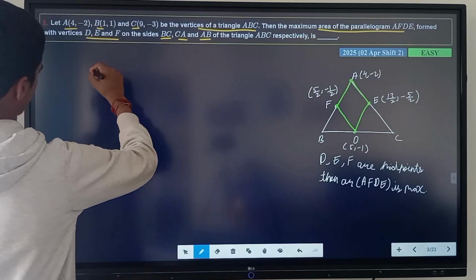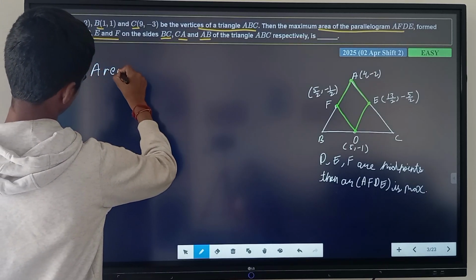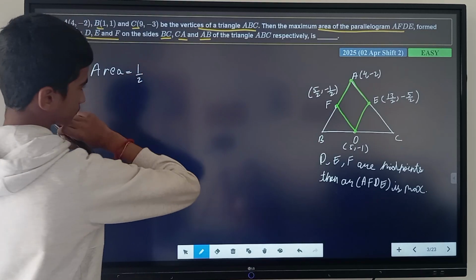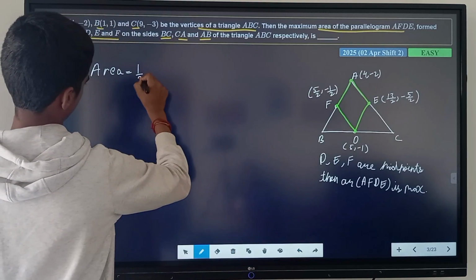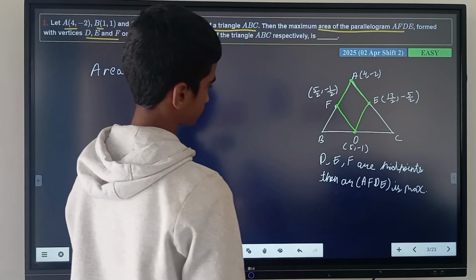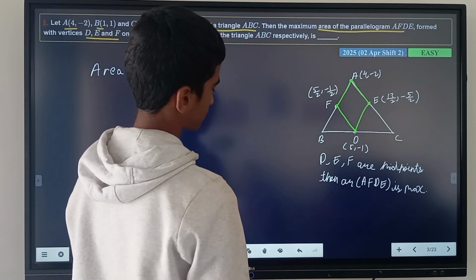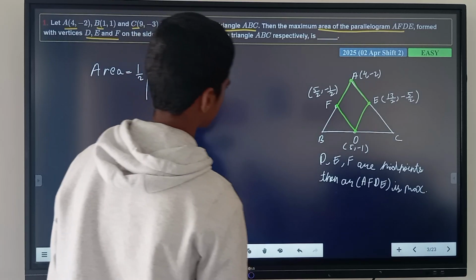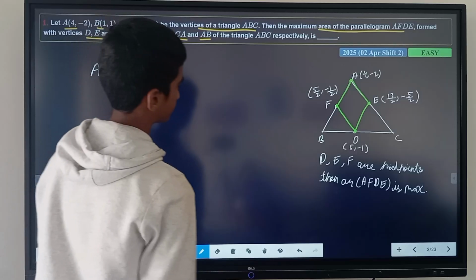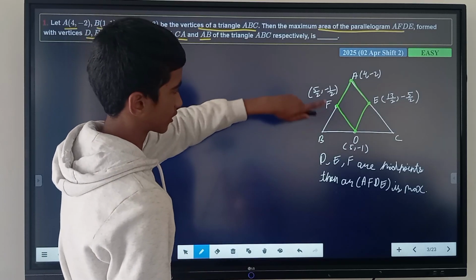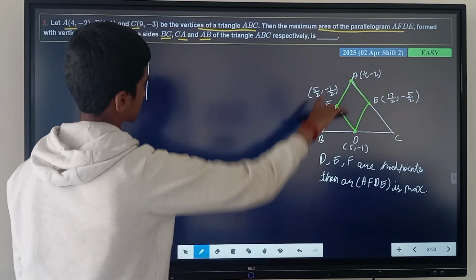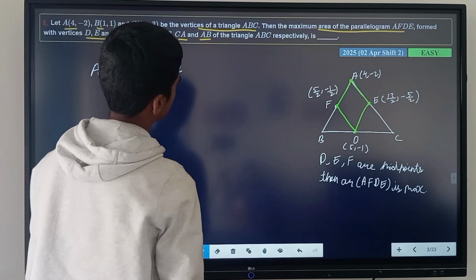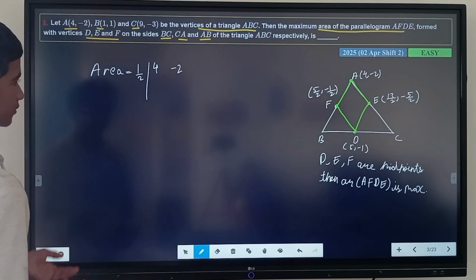Now our required area is equal to 1 upon 2 mod of this. This is a shortcut formula to find area of parallelogram. It's not even a shortcut, it is in most of the books.